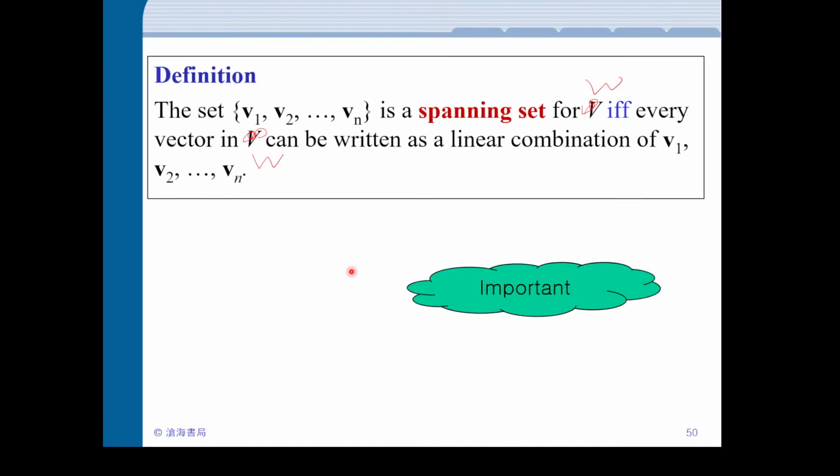It's the other way around. From W, we find a set of vectors, a spanning set, V1 to Vn. And the important thing, to make this less trivial, is that the spanning set is not unique.